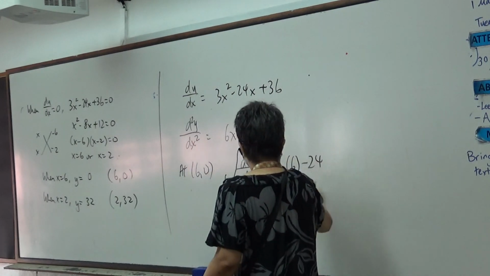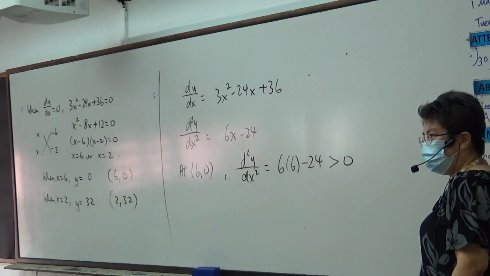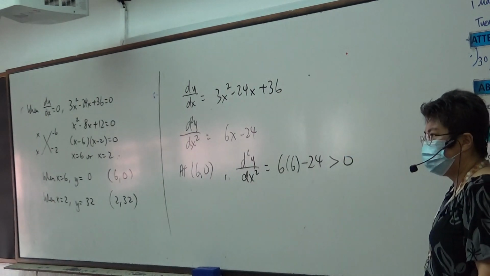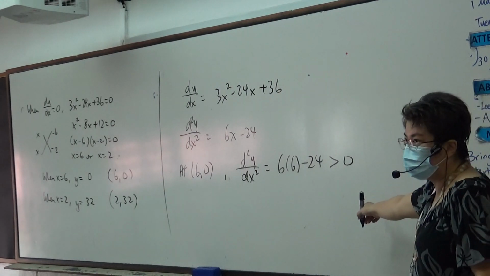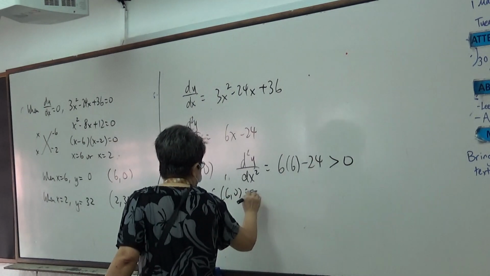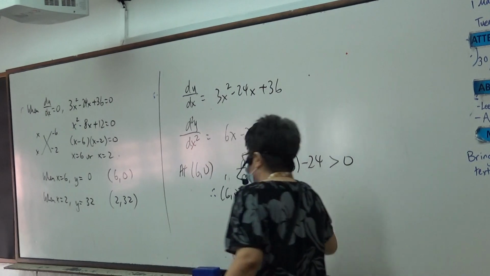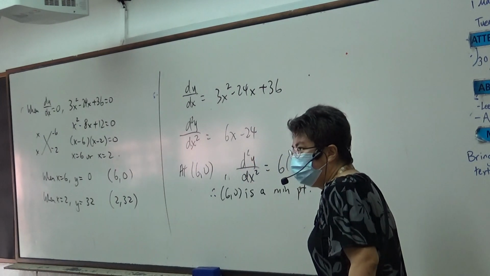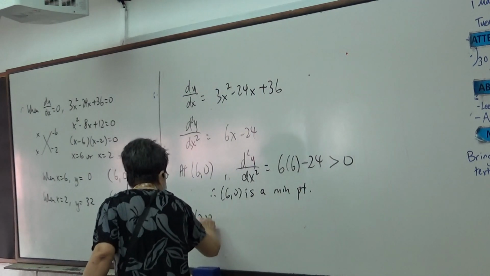Can you see that this is positive? 36 minus 24, of course, is positive, right? So therefore, (6, 0) is a minimum point.